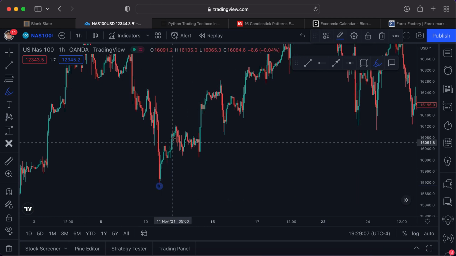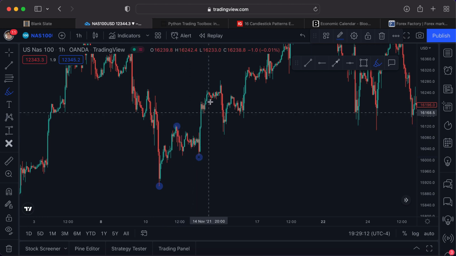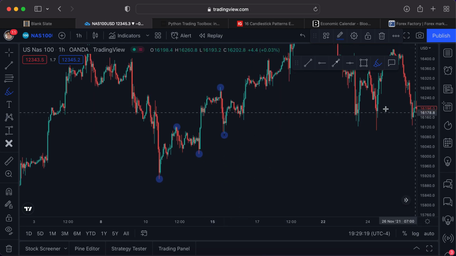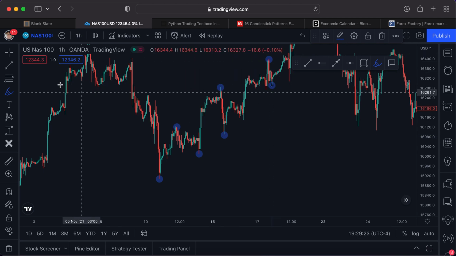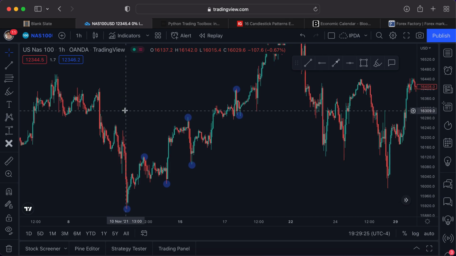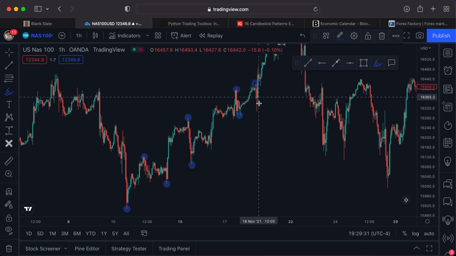a low here, to a high, to a higher low, to a higher high, to a higher low, to a higher, that's not the high there. Let's say there, to a higher high, to a higher low, and let's get this back out here. To a higher high, to a higher low.